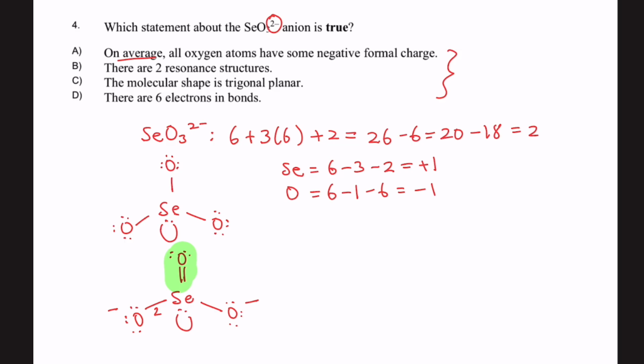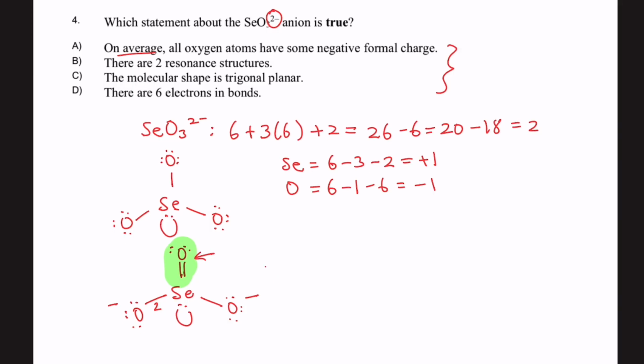The average formal charge is an average of all 3 oxygens. So even though this particular one doesn't have any charge on it, the average formal charge is going to be -2/3 because we have 2 negative charges, and the oxygen occurs in 3 different places. So it does have some negative formal charge, so the correct answer is A.